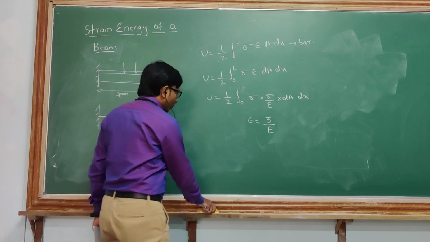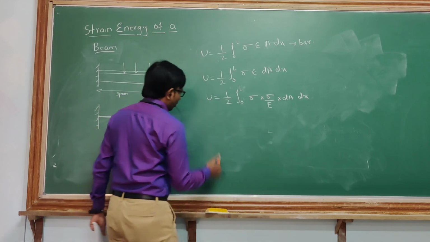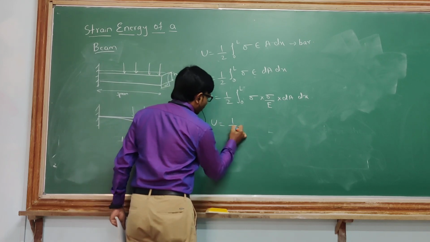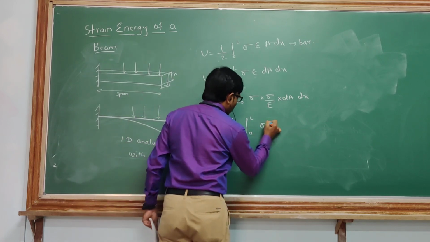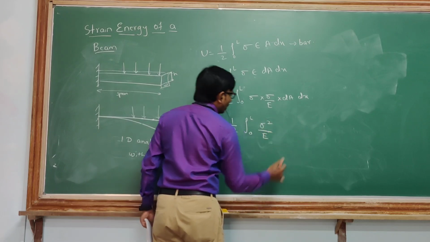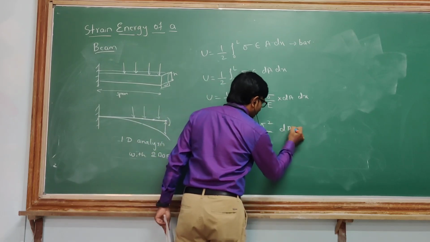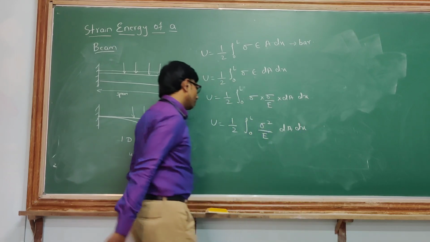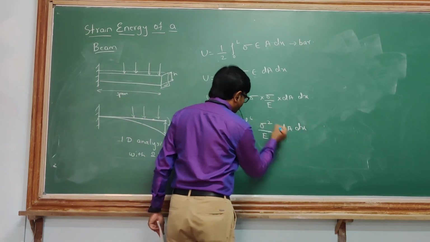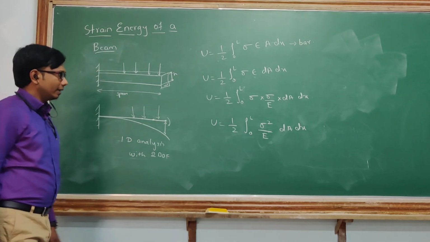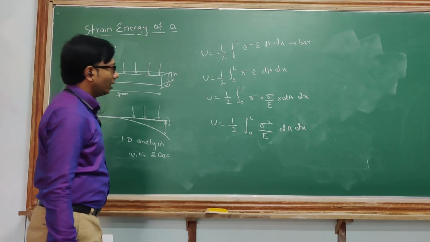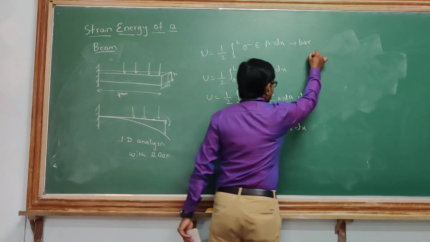So what it becomes now is U equal to half into integration 0 to L sigma square upon E into dA into dx. Now we will use one of the basic equations.